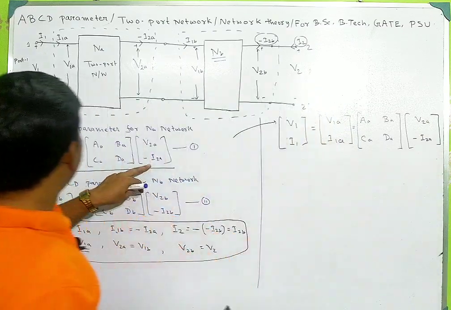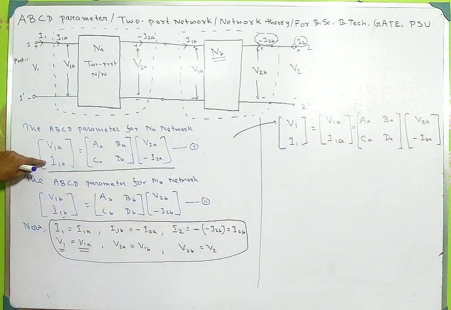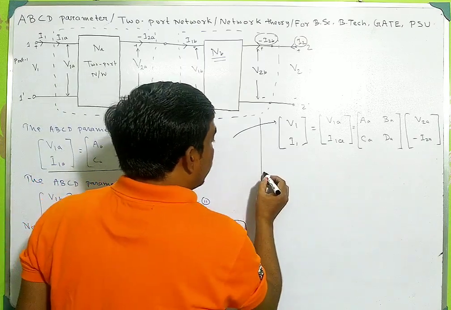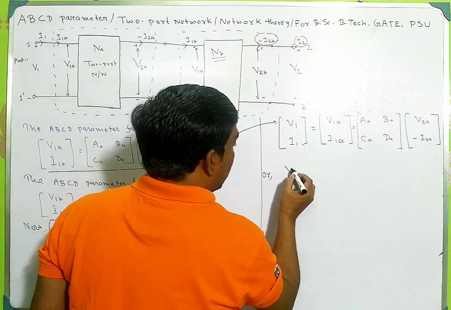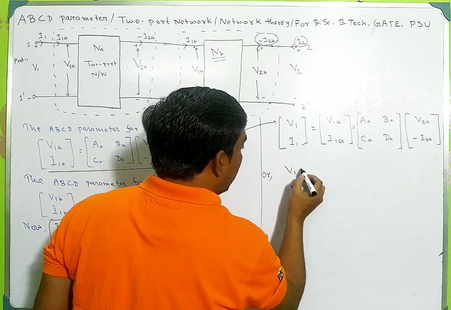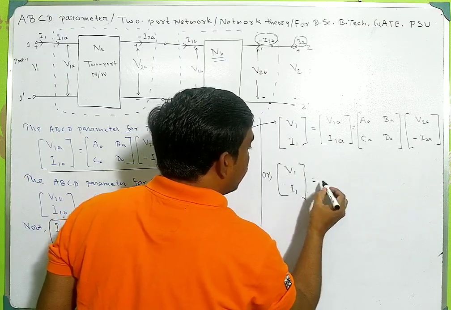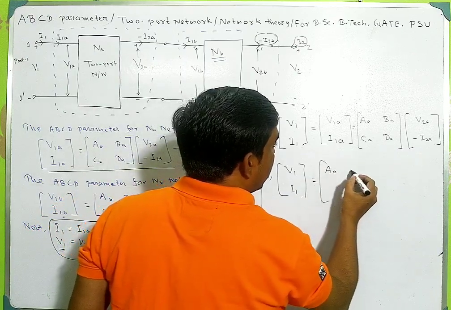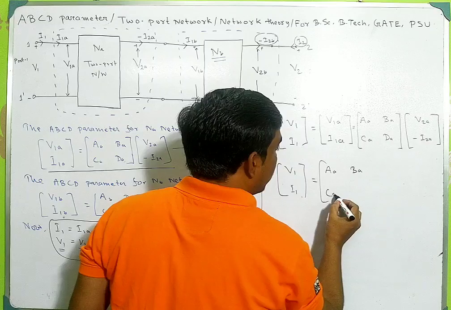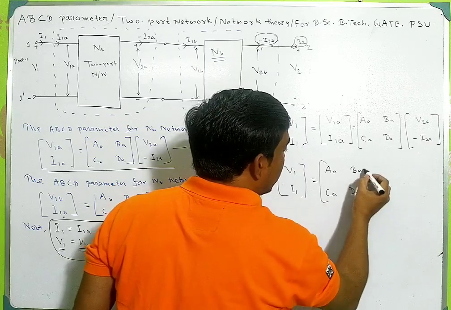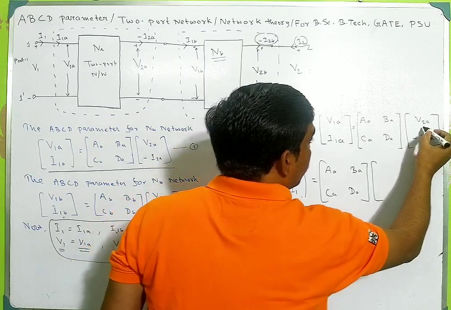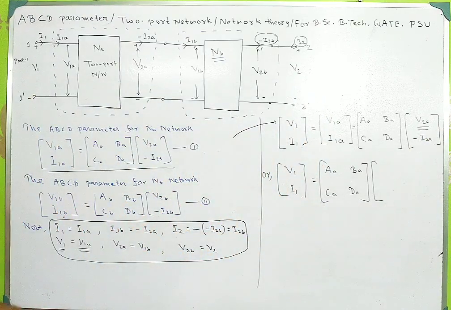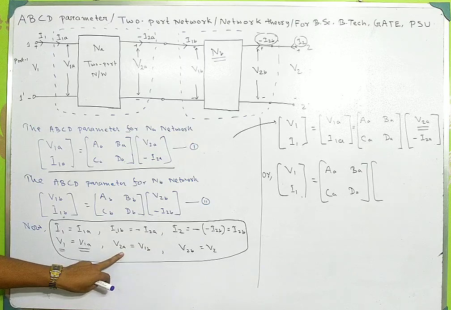So I put this value V1A and I1A in this case. Next, we can write [V1, I1] equals [AA, BA; CA, DA] times [V2A, ...]. Now this is V2A.